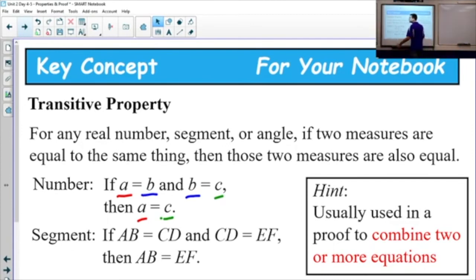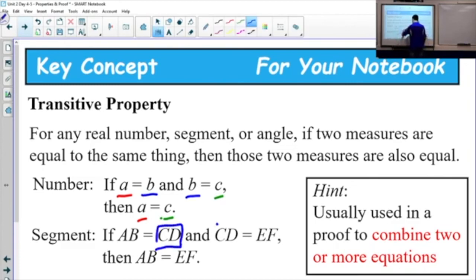It says that we can take 2 different things that I know are the same and make them equal to each other. And so if I have, the common link is the important part here.